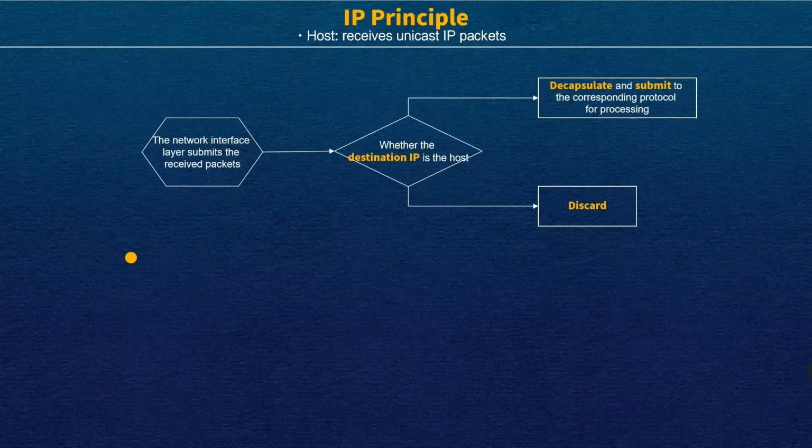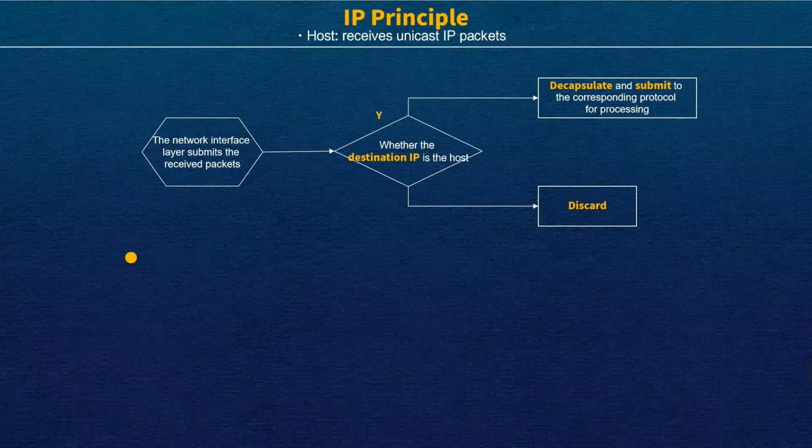Pay attention. First, if we receive this information, we have to check whether the destination IP address is the host. If not, I will directly discard. If yes, I will do the de-encapsulation and submit the packets to the upper layer protocol for processing.